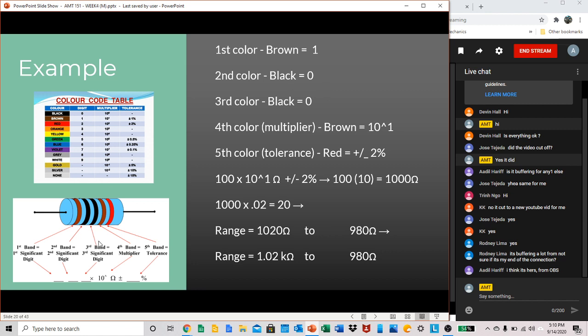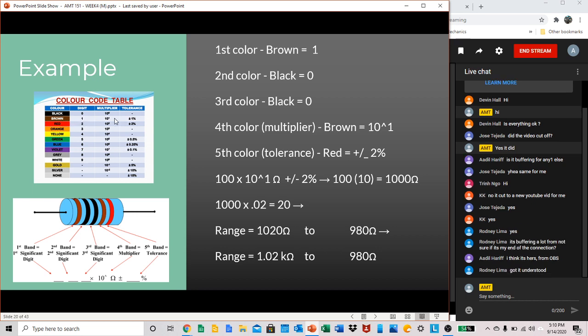Our multiplier band is brown. On our chart, the color brown as a multiplier is 10 to the first power, so just 10, which means we're going to take our 3 whole numbers, 100, and multiply it by 10 to the first power. So we're just multiplying 100 by 10.